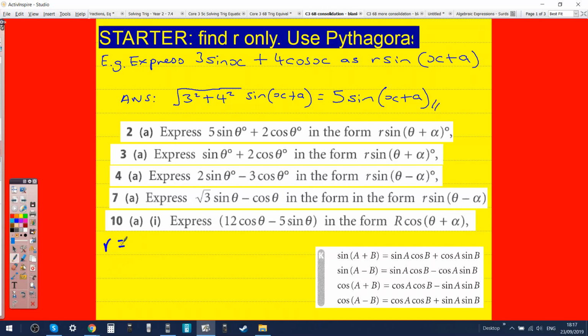So R is the Pythagoras. So I'm just going to call them A and B. So let's say A squared plus B squared and square root it. That's R. And then the alpha was arctan of B over A. So does that happen all the time, no matter what? I believe so. I could be wrong. Okay. Let's find out.